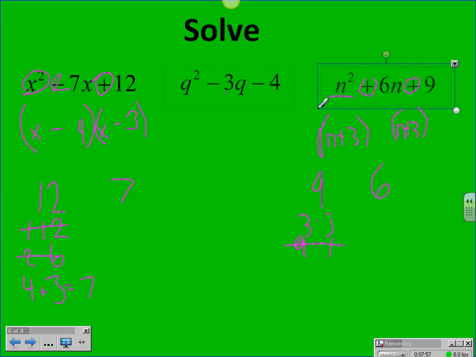So, for our last equation, you have to have your two parentheses like always. You have Q. Now you have to find factors of 4 that add up to 3, which are 1 and 4, and 2 and 2. 2 plus 2 equals 4.